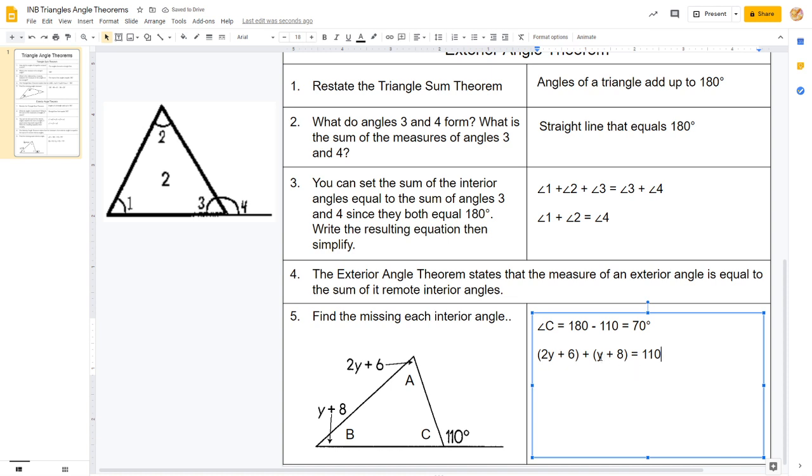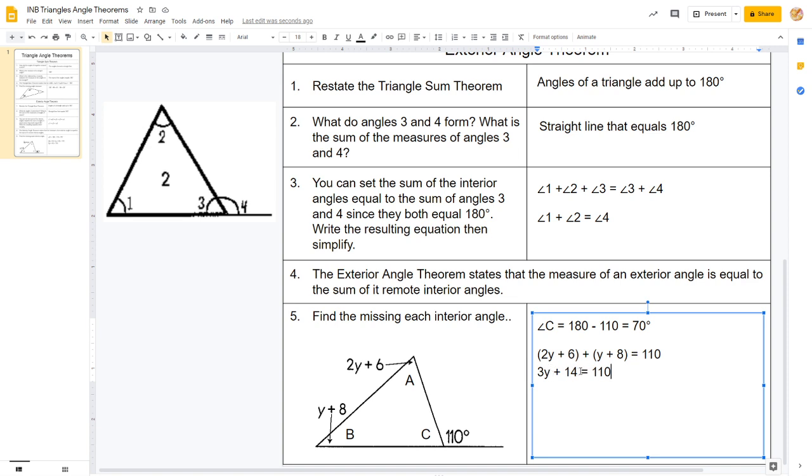So my first step is to combine like terms. So I combine my y's together and my 6 and 8 together. So I have 3y now, and 6 plus 8 is 14, and this equals 110. Next step is to get rid of my whole numbers, which means my numbers that aren't being multiplied by a variable. So in this case, it'd be 14.